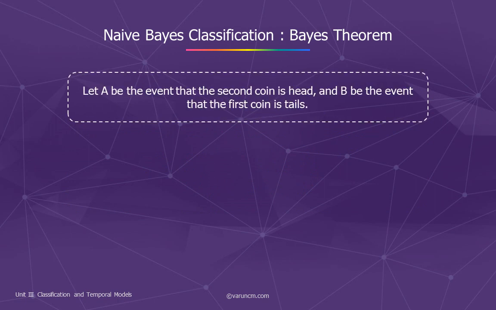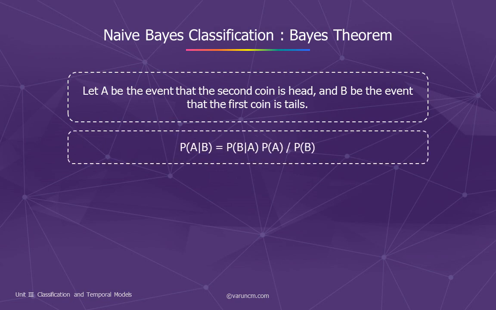Now let us consider an example, the normal probability example of tossing a coin. Here you are going to toss two coins, and let A be the event that the second coin is head and B be the event that the first coin is tail. This is the probability which we are going to identify here.